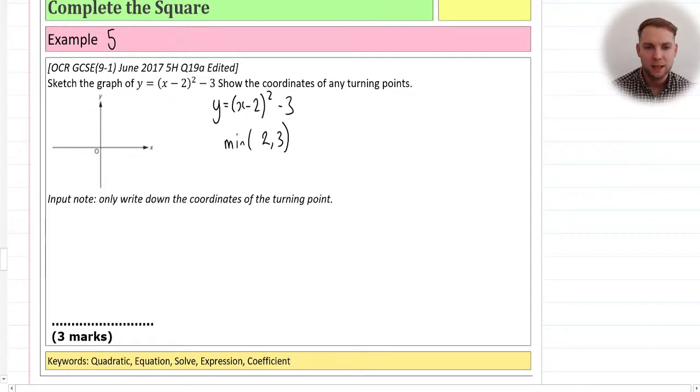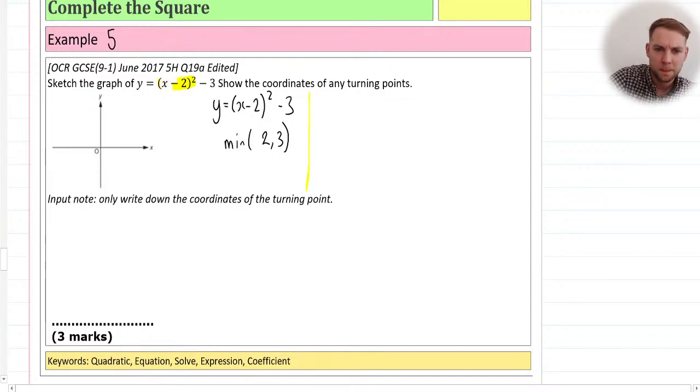So we know that. But the thing that I don't know is where it's crossing the y-axis. Now, you can't just say here, when it's in this format, that -3 is where it's crossing the y-axis, because it's not. You actually have to expand this part here to find out, and that's the new part, okay?